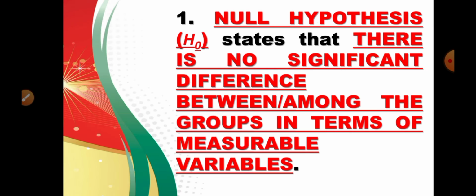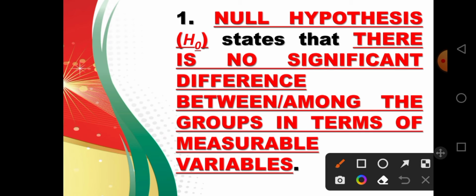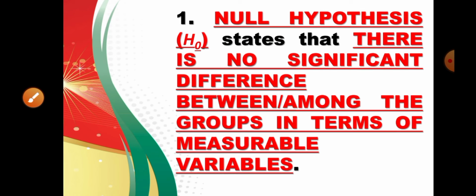So null hypothesis states that there is no significant difference between or among the groups in terms of the measurable variables. You must state that there is no significant difference. Always take note of that. So if it states there is no significant difference, it means it is a null hypothesis.